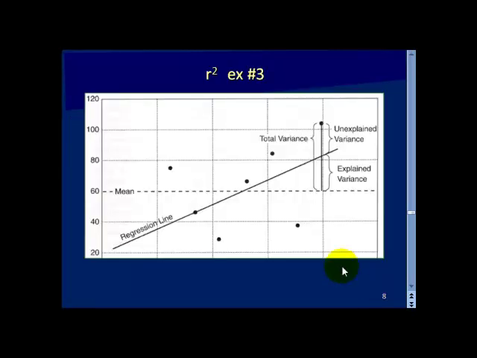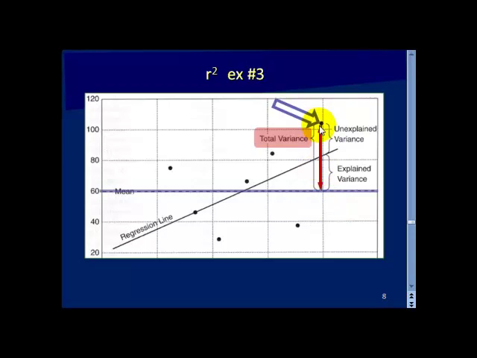Okay, then one more shot at this, and these are all trying to get across the same thing, just what r squared means. We start off with the mean of y, in this case 60, and you then look at an individual score. What we can say is this represents the total variance.